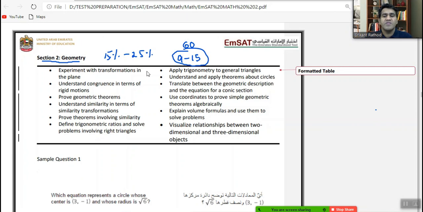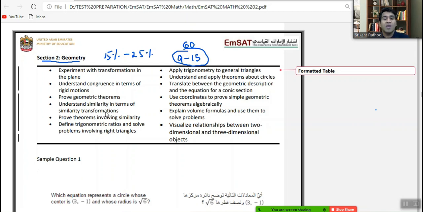So what are the things we need to know to answer these questions? We need to have a clear idea about transformation and translation, and also some basic fundamental theorems: what is similarity, what is congruence, and what are the other theorems involved in plane geometry, solid geometry, and coordinate geometry. We just need the basics.